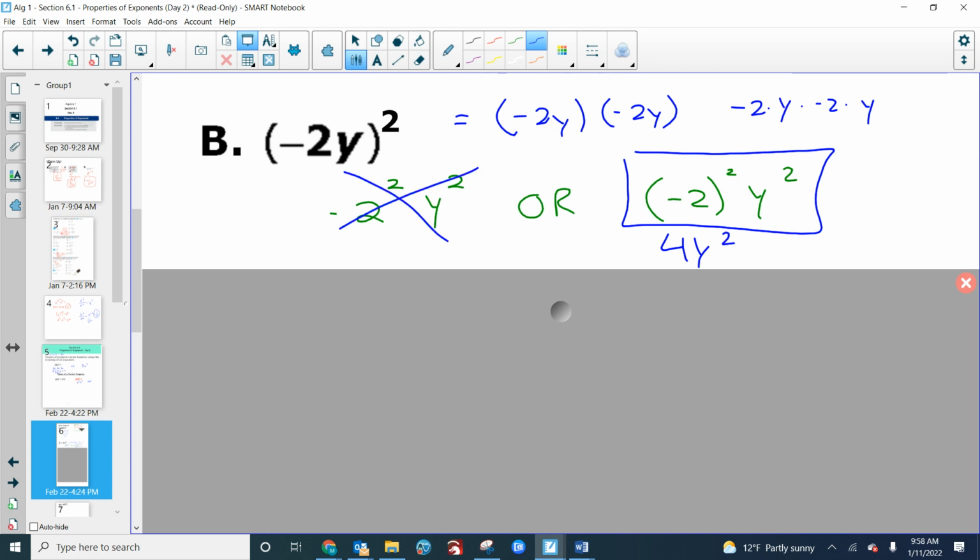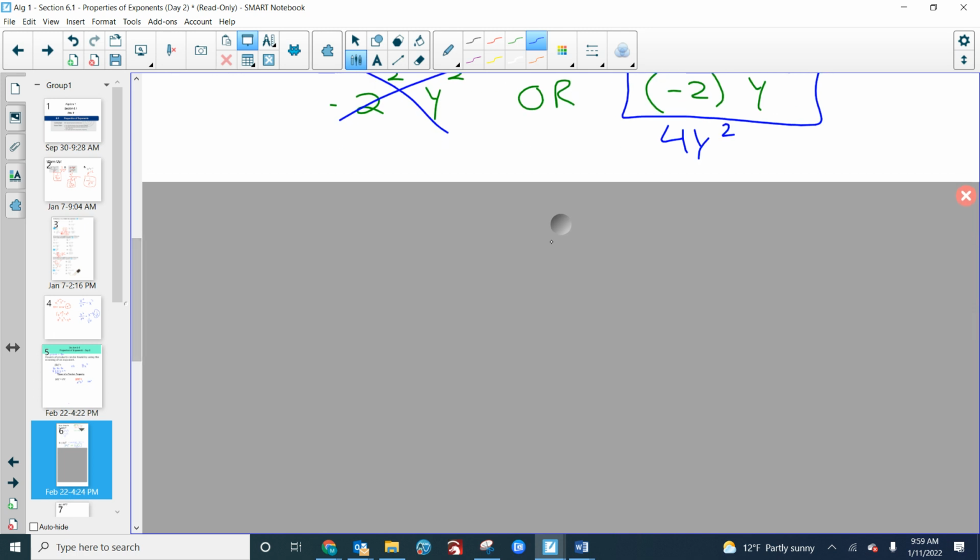Not negative 4y squared, because this tells you to square the negative 2, right? Raise negative 2 to the second power, not 2 to the second power and then negative. Do you agree? Yes. 4y squared.